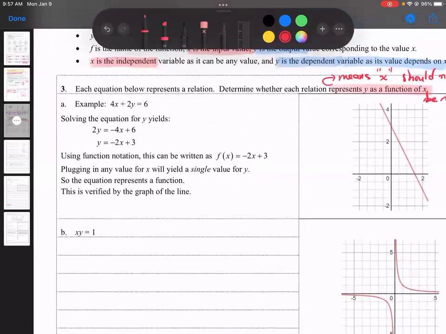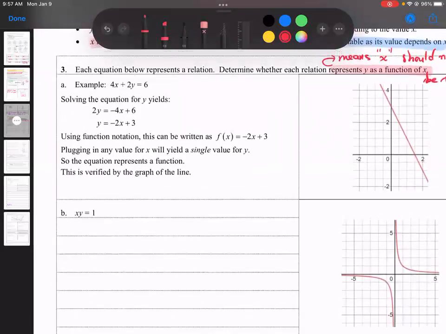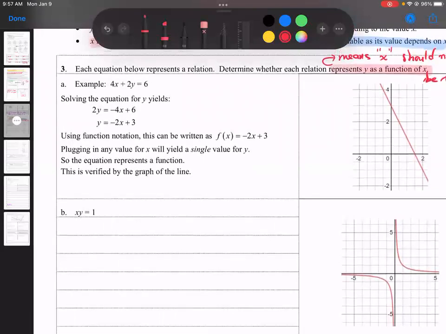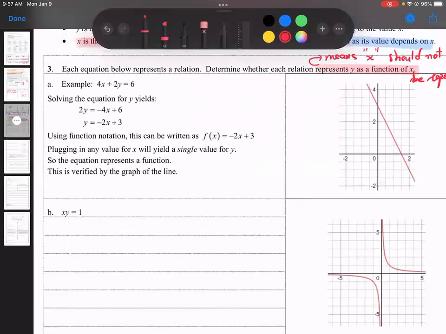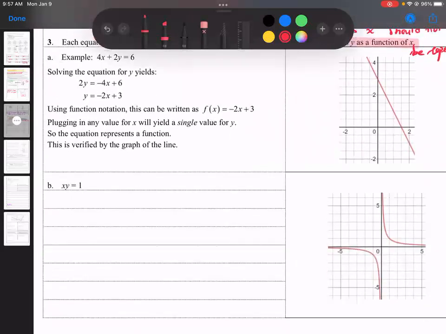What about B? Before we do that, I would suggest you solve for y. y equals 1 over x. That's the reciprocal function. Is it a function? Well, as long as x cannot be 0, right?